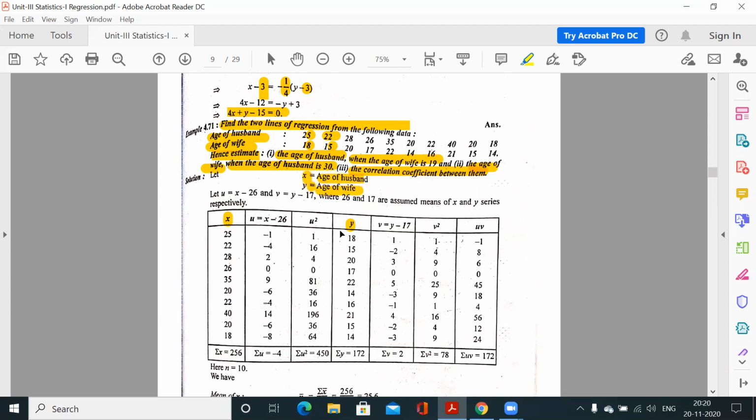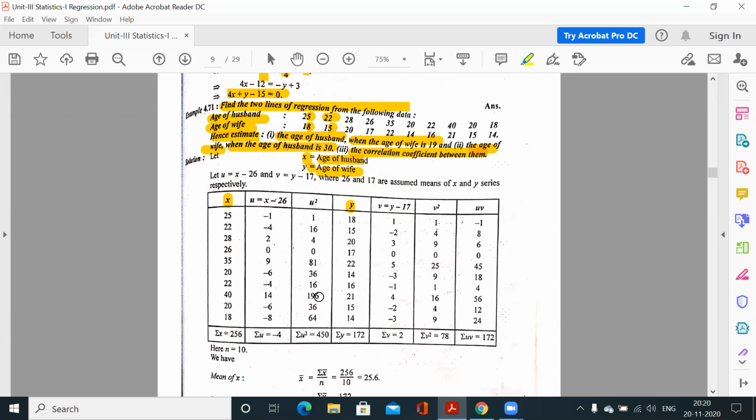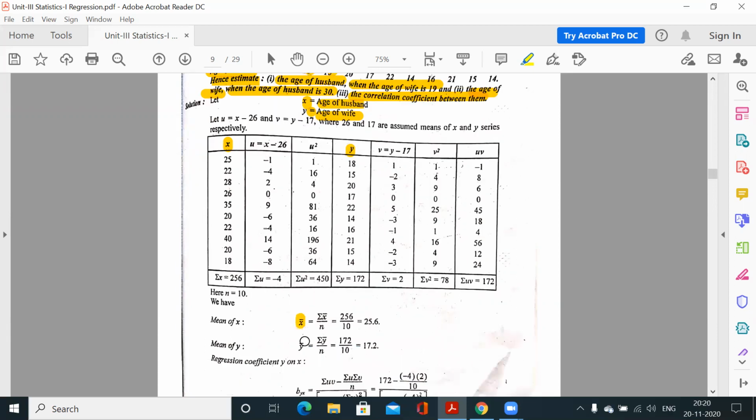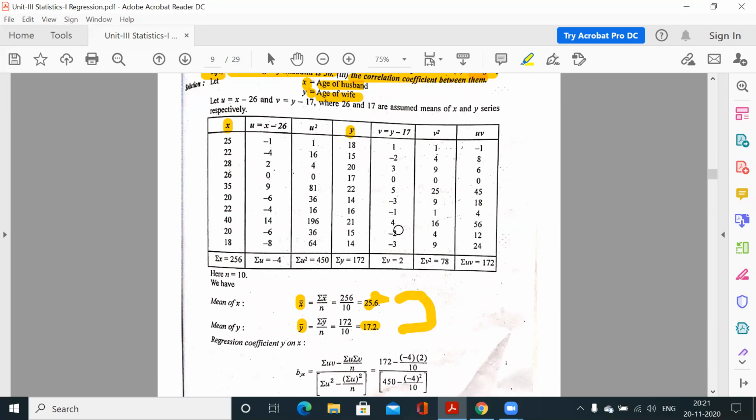y variable. So this is x, this is y, and now we will use the assumed mean method, because a lot of data points are there, and if you see the actual means, this is 25.6 and this is 17.2. So if you use the actual mean for b yx and b xy, you will have great trouble calculating the differences, because these are decimal numbers.